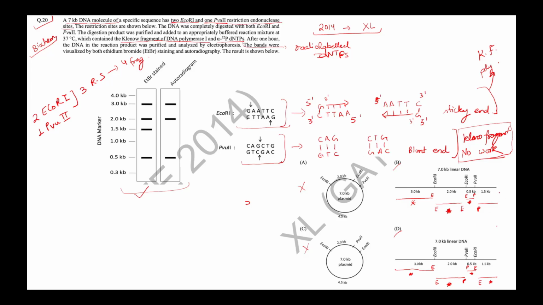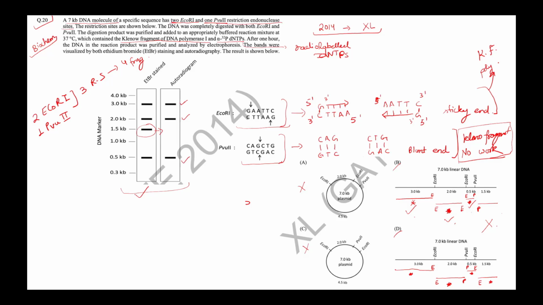So this 1.5 kb fragment will not be seen on the autoradiogram, but all these 3 will be seen. So this is the size of the 1.5 kb band. If we see here, only the 1.5 kb band is missing in the autoradiogram, but the 3 kb band is there, the 2 kb band is there, and the 0.5 kb band is also there, not the 1.5 kb which is supposed to be digested by PvuII.